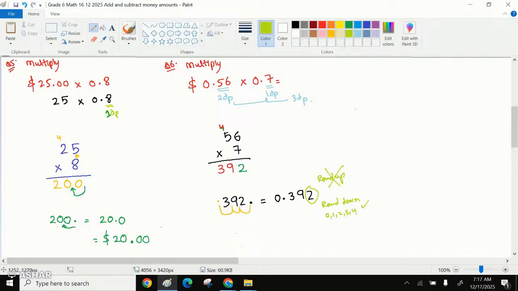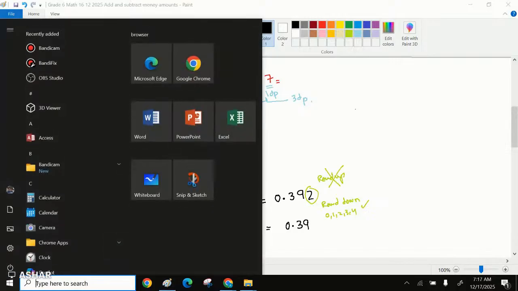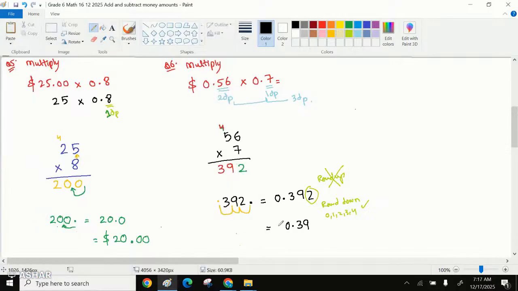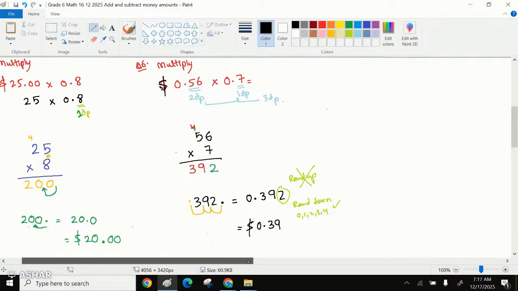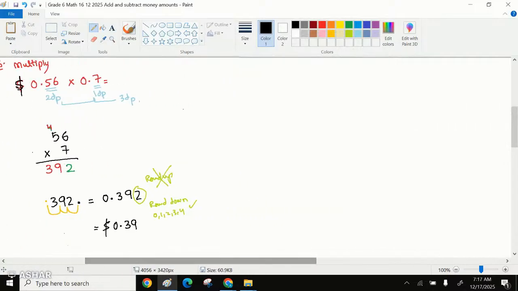It would not round up. That means it will not make any change to the number before it. So it stays as 0.39, and we need to use the unit that was dollars, because the question was in dollars. We are studying multiplication, addition, and subtraction of currencies, okay?